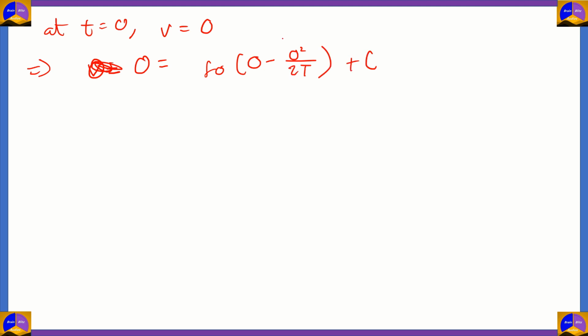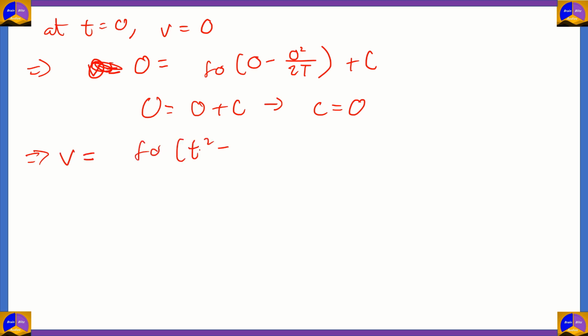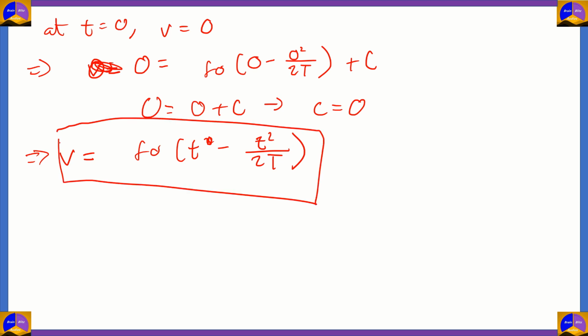Since there's the 0 inside the bracket and in the numerator, the whole term becomes 0, so 0 equals 0 plus c. That means the value of c equals 0. Therefore, the equation for v is f naught times t minus t squared divided by 2 times capital T. So this is the equation for velocity.